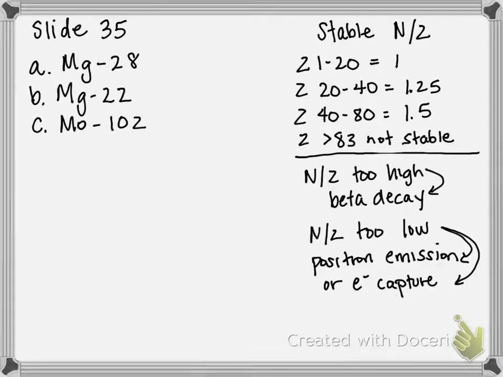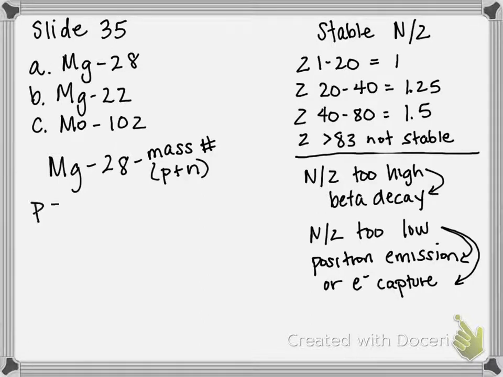So for A, our first one, magnesium 28, I need to figure out the number of neutrons and the number of protons. Remember, 28 represents its mass number, the number of protons and neutrons. To figure out protons, we'll look at the periodic table.